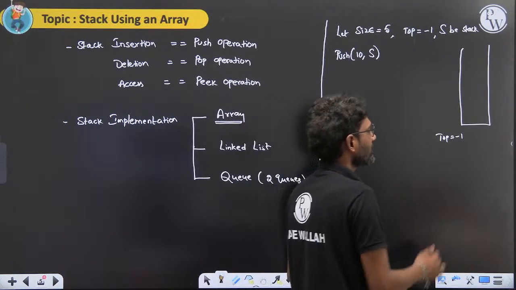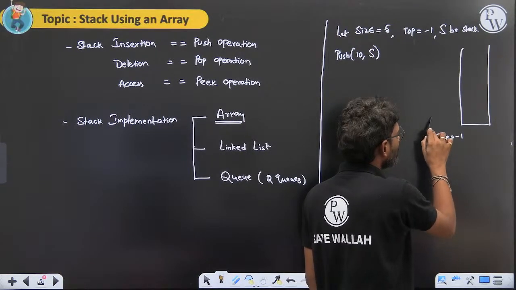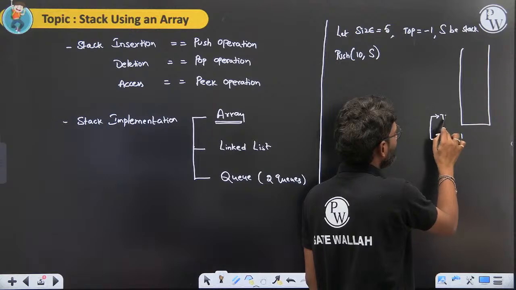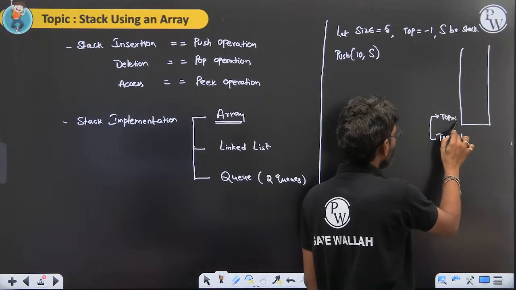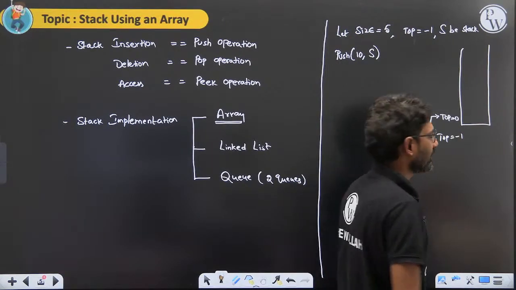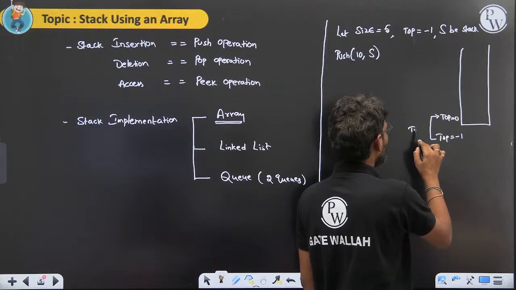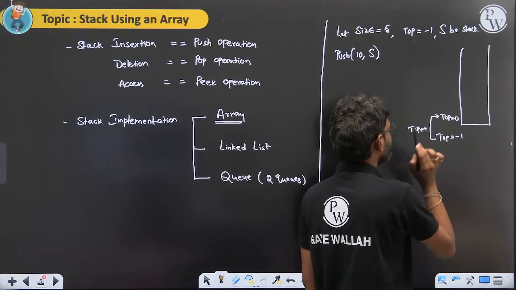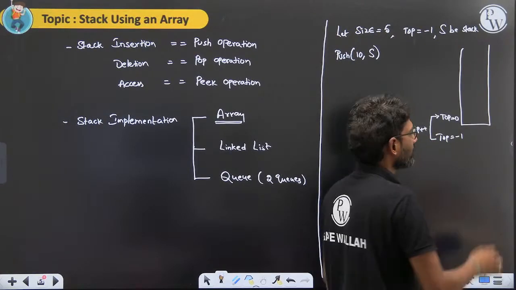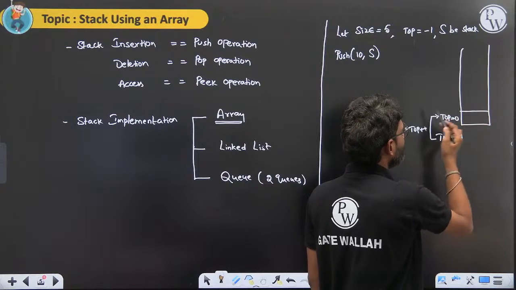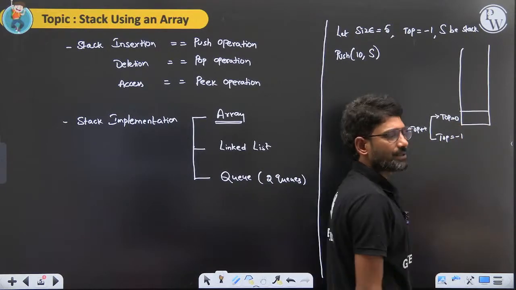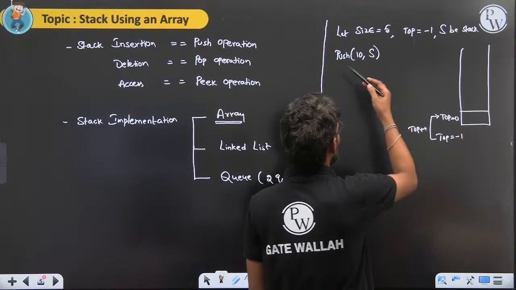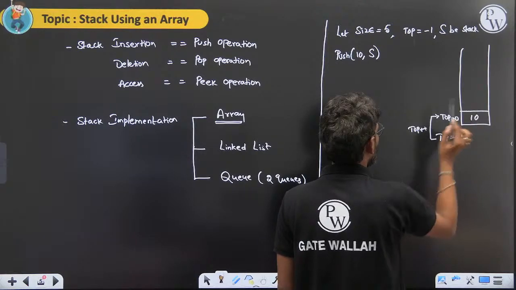How do I insert? I have to make top 0. That means top is incremented. So top becomes 0 and S of top will have the value 10.